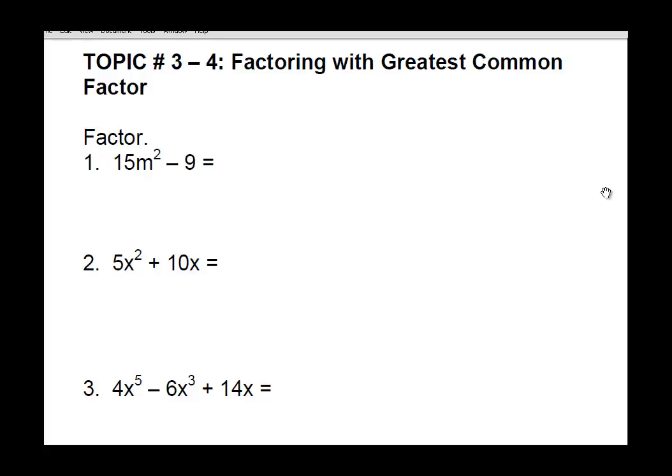So I'm going to go here and we're going to talk first about some of the things that you need to be able to do. So the first thing you're going to do is find the GCF, or the greatest common factor. And we learned how to do that yesterday. Then you're going to divide your original polynomial by your greatest common factor.